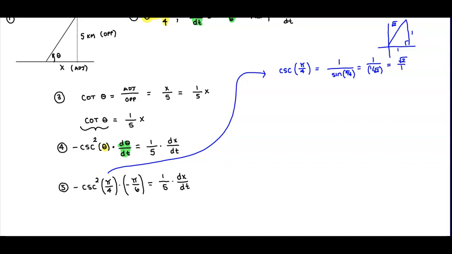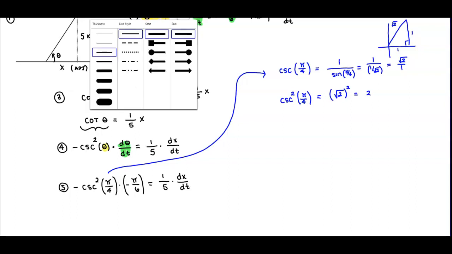And now what we need to do is square both sides. That means we square the cosecant in order to find out what cosecant squared is going to equal, which is the square of the square root of 2 over 1, and so that's going to equal 2.